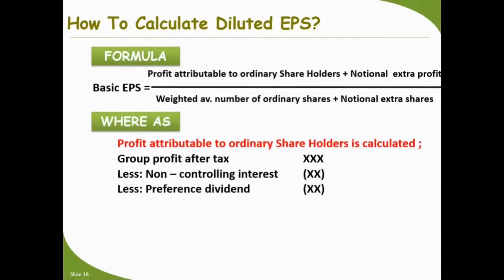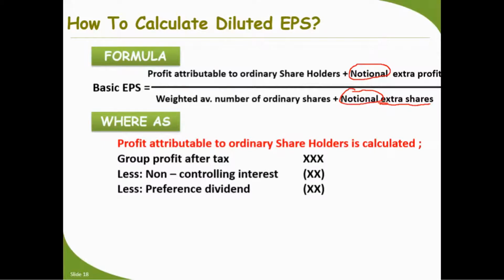Profit attributable to ordinary shareholders, we know how to calculate. Now the question is, what is notional extra profit and what is notional extra shares? First of all, I'm talking about notional extra shares. If that option will be exercised to convert the instrument into ordinary shares, to exercise options or warrants, what would be the extra number of shares?